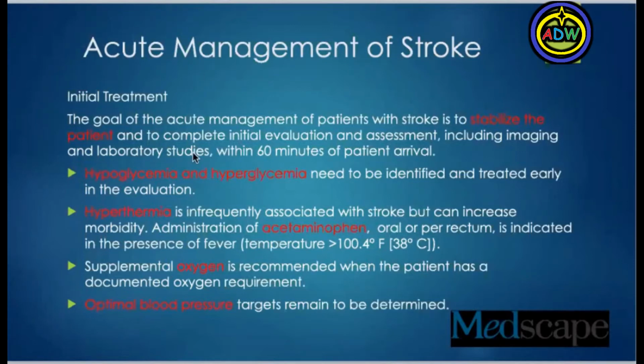We have to keep optimal blood pressure, but we shouldn't decrease blood pressure extremely. We can only decrease it by up to 15% to support brain perfusion, because brain perfusion and systemic blood pressure are interconnected.